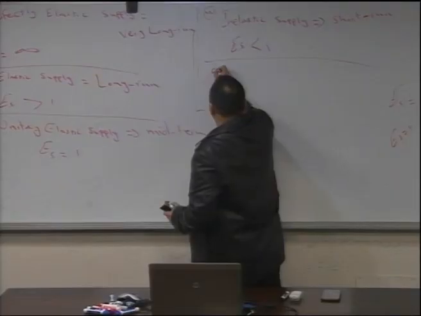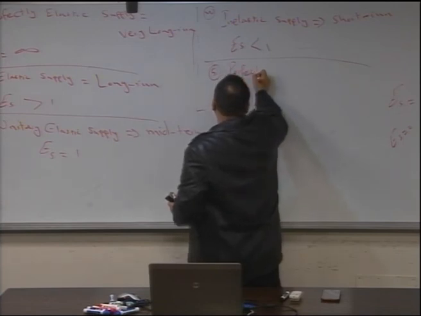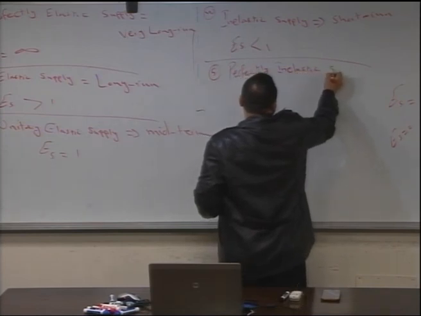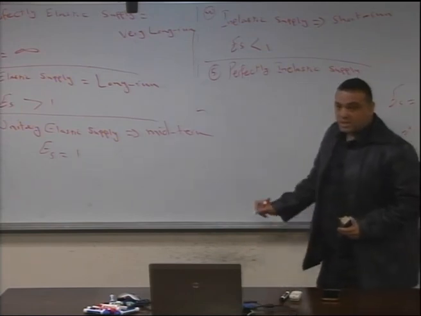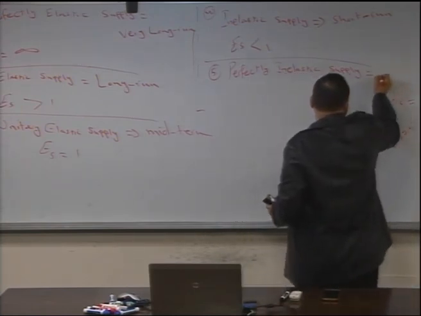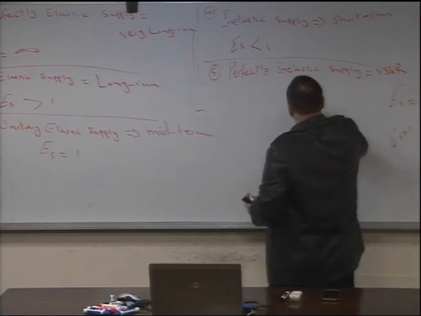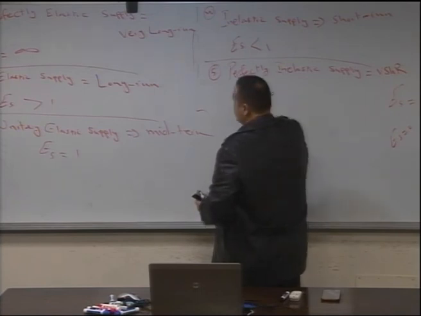This is short run. Number 5, perfectly inelastic supply. This is the very short run. Here ES equals 0.